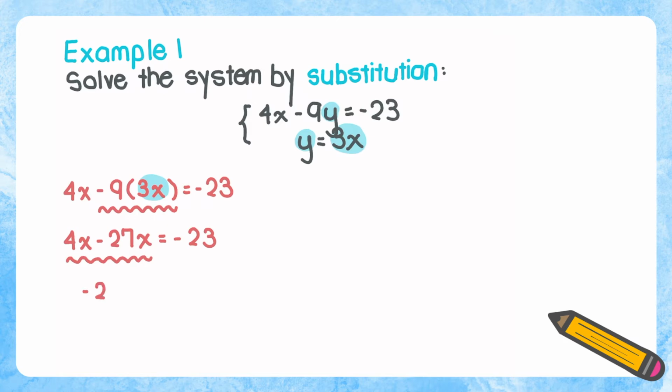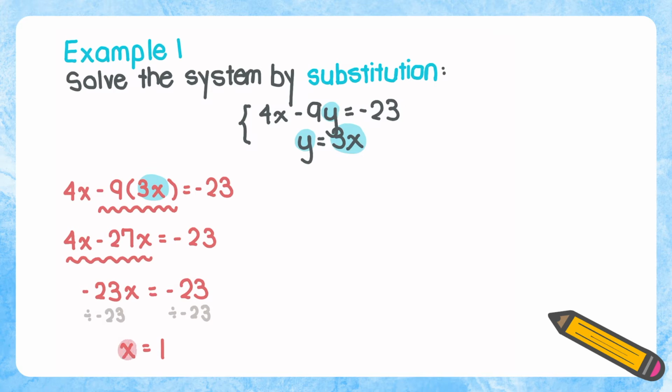That's negative 23x equals negative 23. To isolate x, we divide both sides by negative 23. We're left with x equals 1.